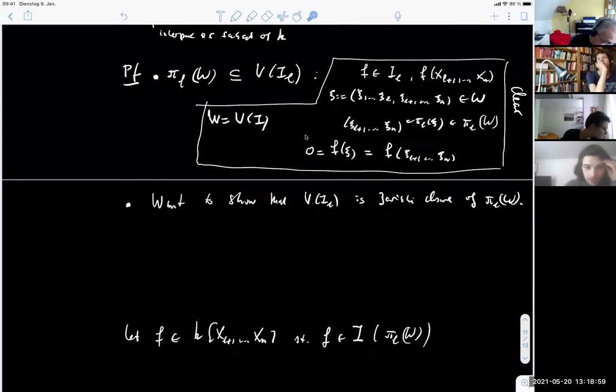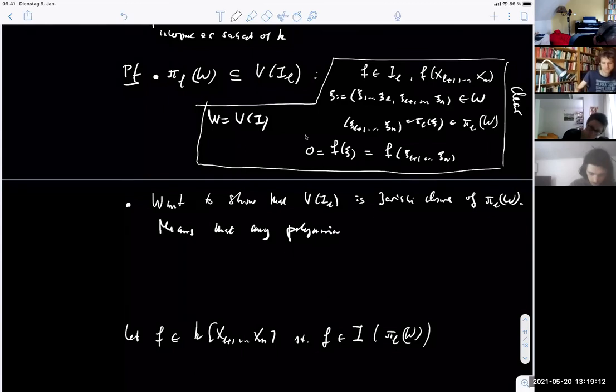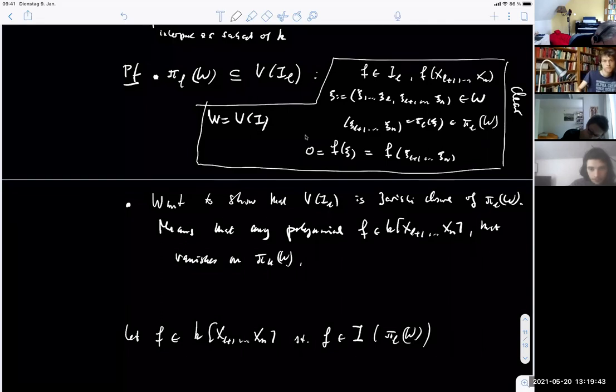Yes, so that means that any polynomial, but these objects are now subsets of k to the n minus L. So any polynomial f depending only on variables corresponding to the subset I'm looking at, it means that any polynomial which vanishes here also vanishes here.